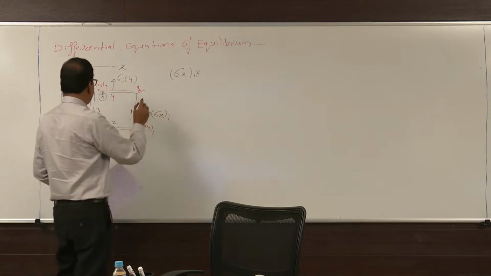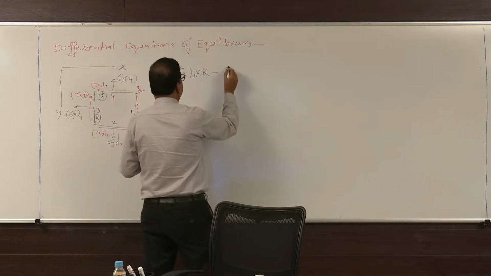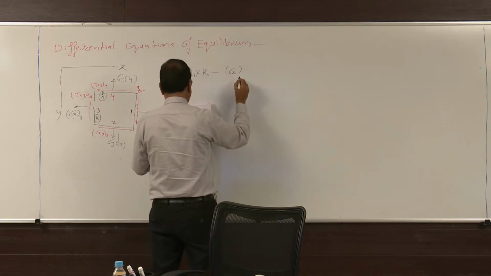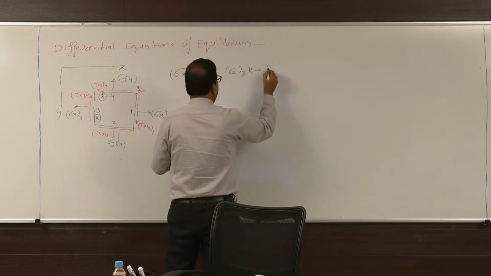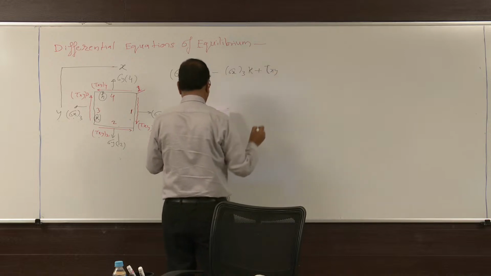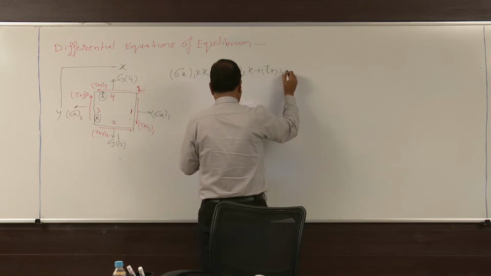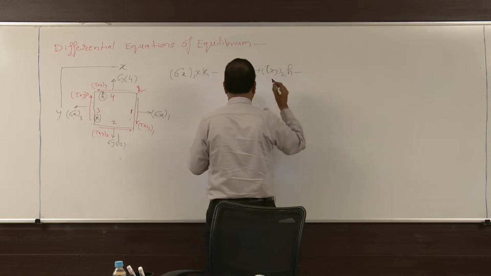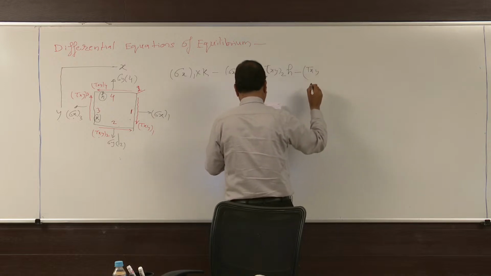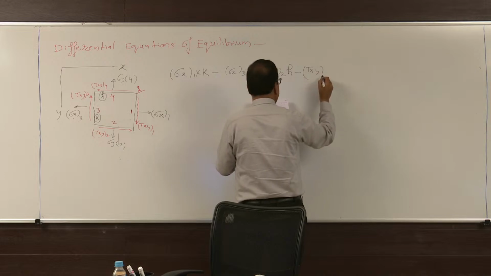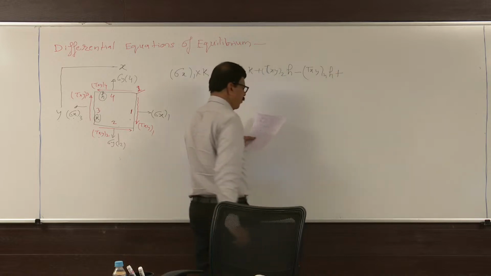So multiply by the length k, minus sigma x3 multiplied by k, plus tau xy2 multiplied by the side h because it is acting on h, tau xy4 multiplied by h. These are the internal forces.